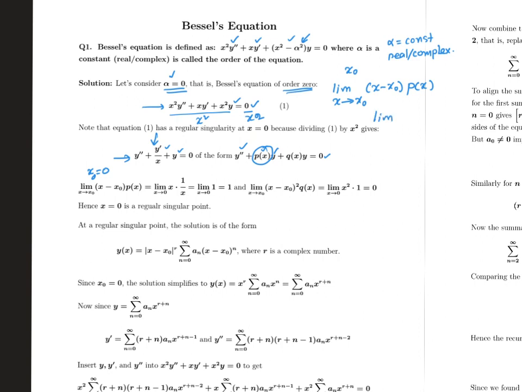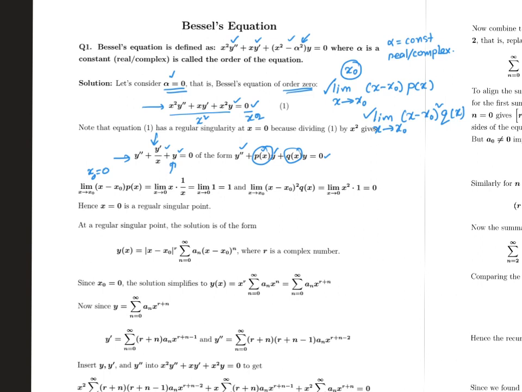And the limit as x approaches x naught of (x minus x naught) squared times q of x, which in our case is just 1. If both of these limits exist, then we call point x naught a regular singular point.